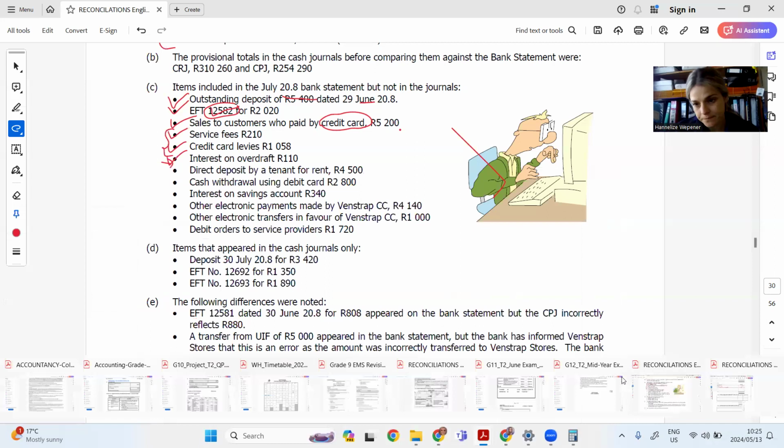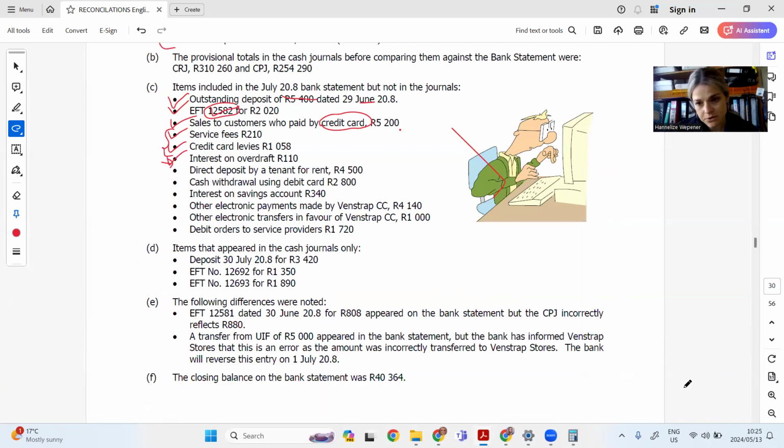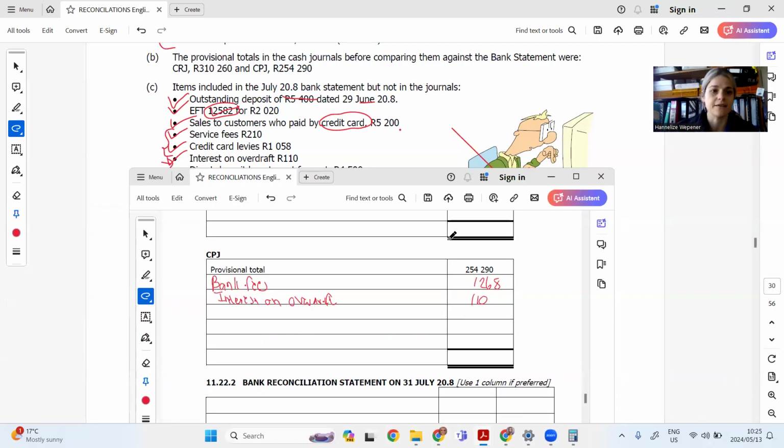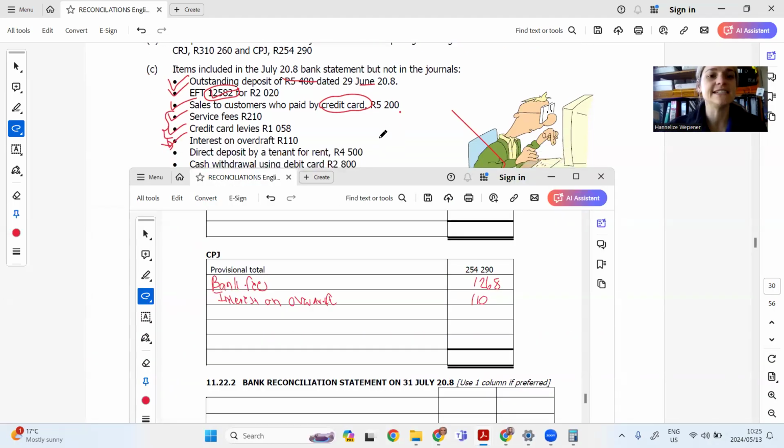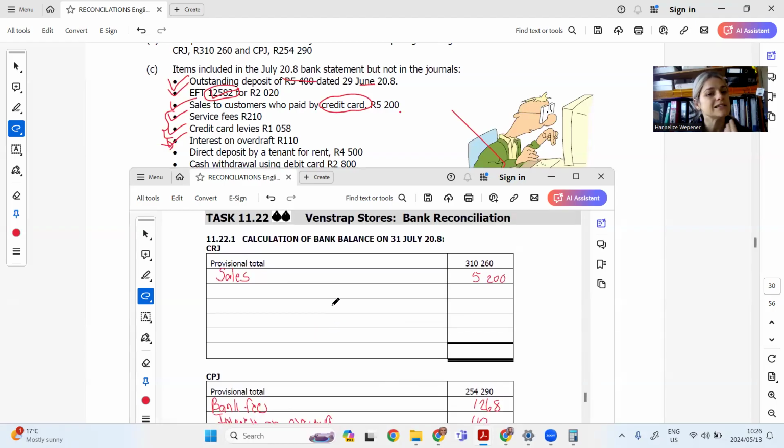Right. The next one there, I can just get my answer book open again. There we go. Okay, right. So a direct deposit by a tenant for rent. Remember, if it's a direct deposit, it means that it's money that you are receiving. So it's money that you received in your bank account, but you haven't yet recorded that amount in your books.